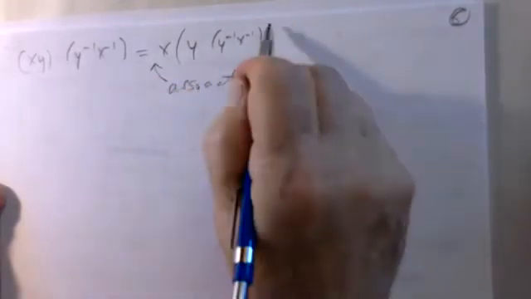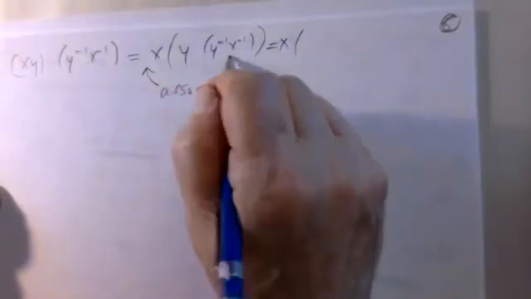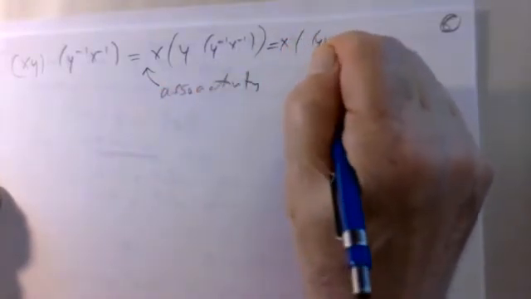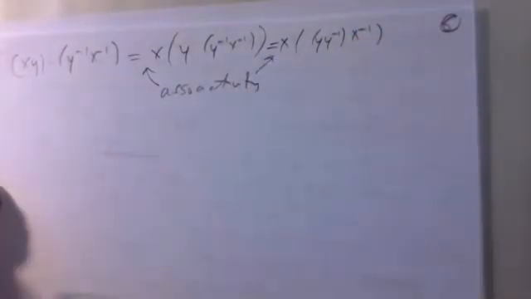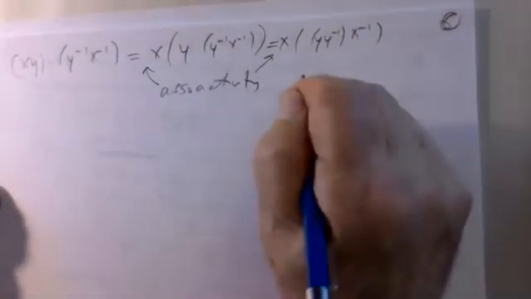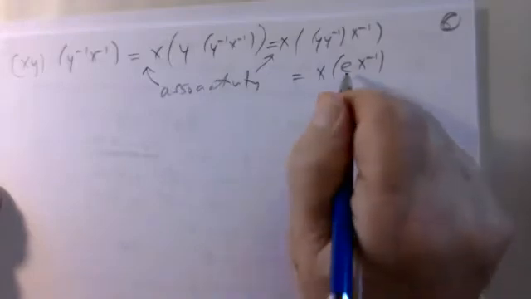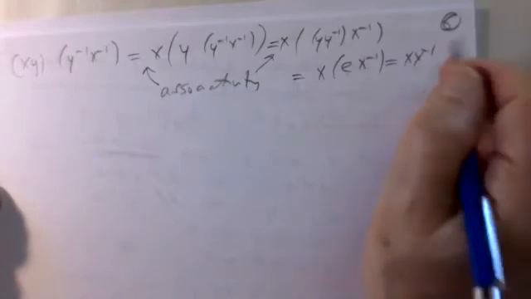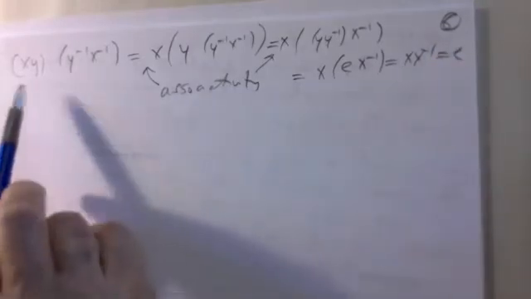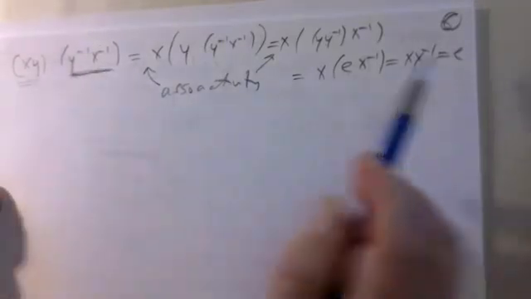Here we're using associativity. Let me use associativity again. I'll use it in here. y times y inverse is the identity. Anything times the identity is the anything. x times x inverse is e. So this proves that if I multiply xy on the right by this, I get the identity.